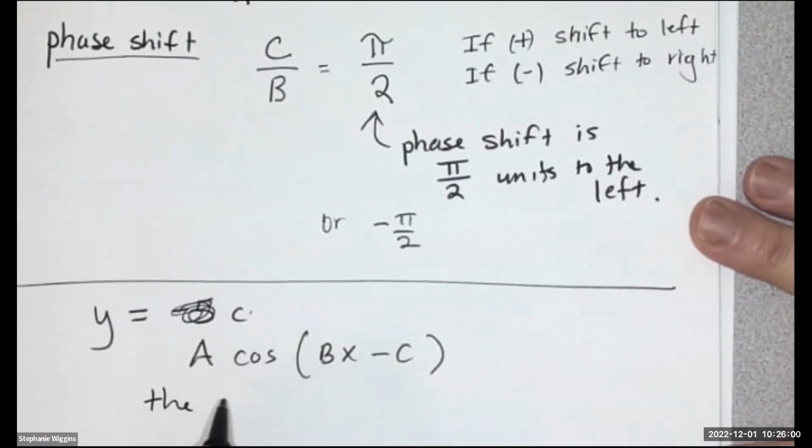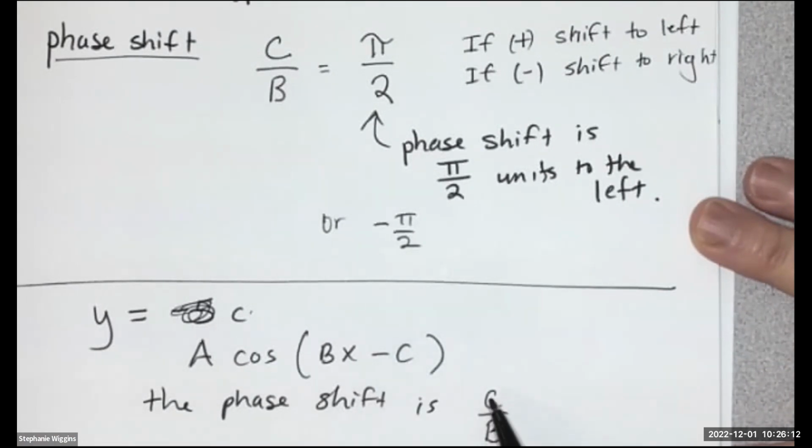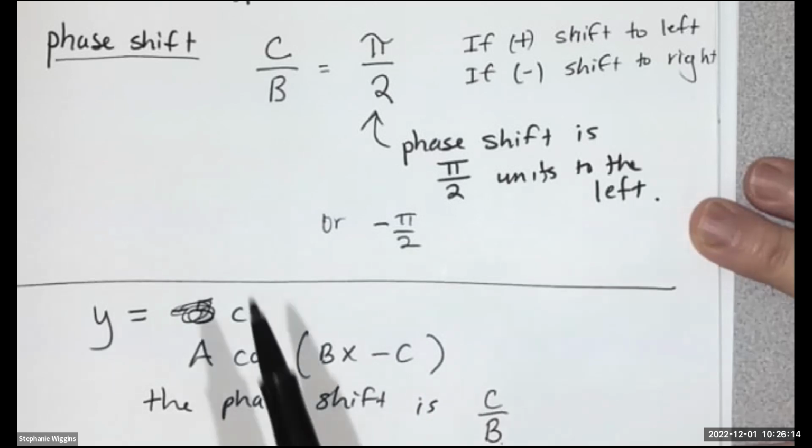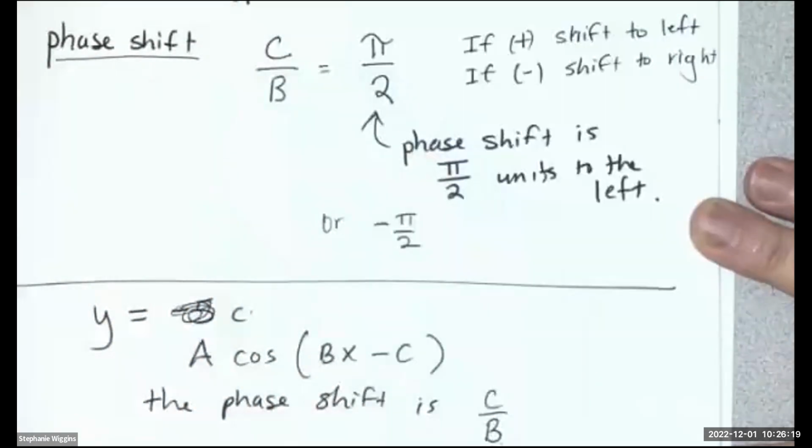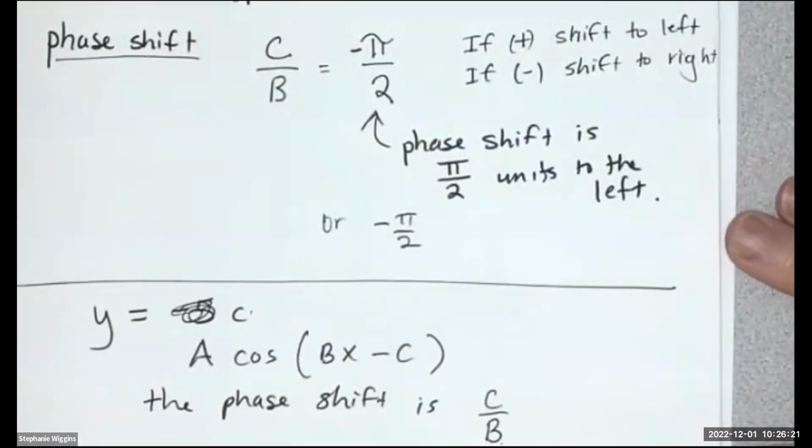The phase shift is C over B. So this says negative C, so the phase shift is C over B. And that's what I had there. But in this example, because that's plus, I should put the negative there.